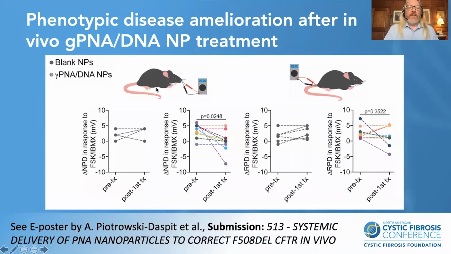This translates into success in treating animals. These are animals that were intravenously injected with multiple doses of these nanoparticles, 4 doses over a couple of weeks. And in a significant fraction of the animals, you see changes in the nasal potential difference, also changes in the rectal potential difference, suggesting that you've had phenotypic impact in both the respiratory system and the gut.